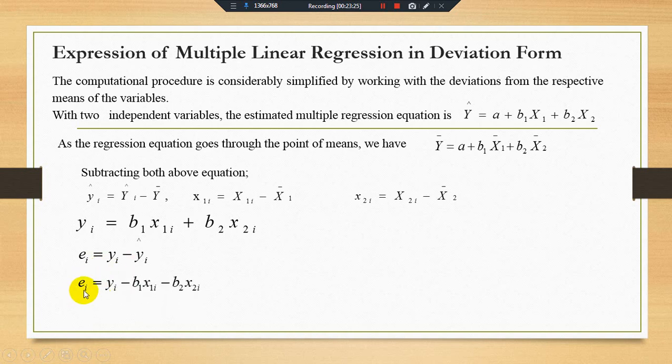Now ei is equal to yi minus the estimated part, so we put the estimated regression line in its place: yi minus b1 x1i minus b2 x2i. Now take the square of this equation. We get summation ei square is equal to summation of yi minus b1 x1i minus b2 x2i, all squared.